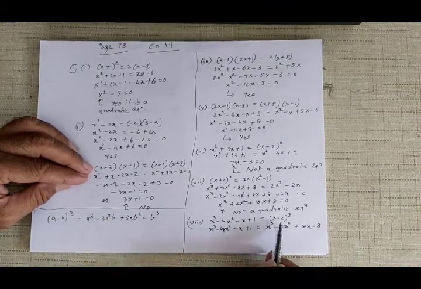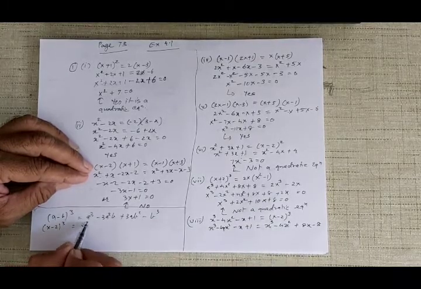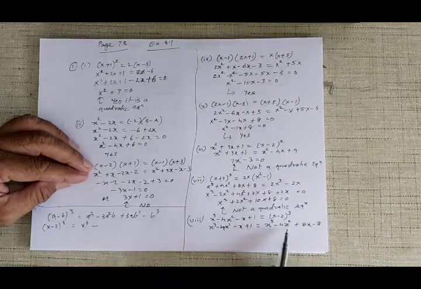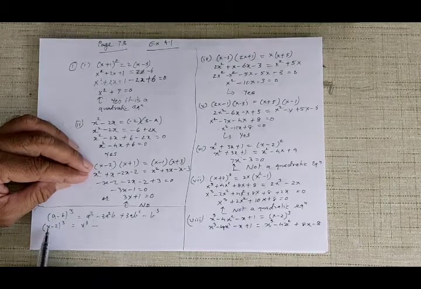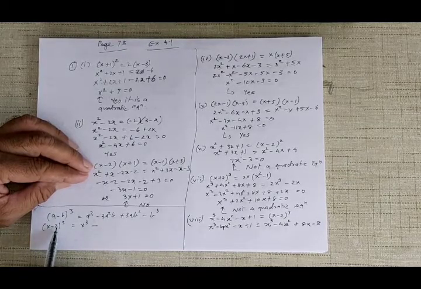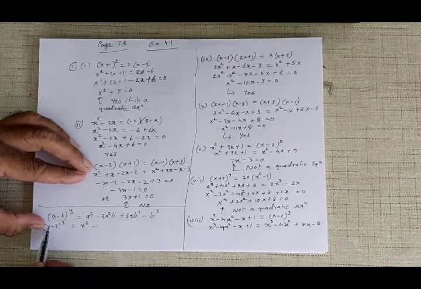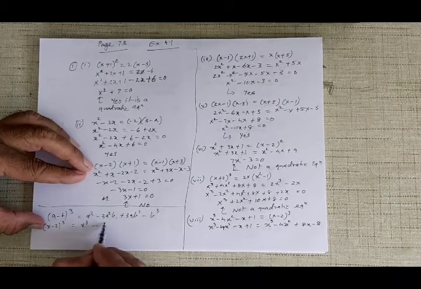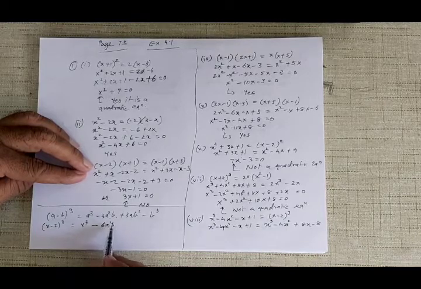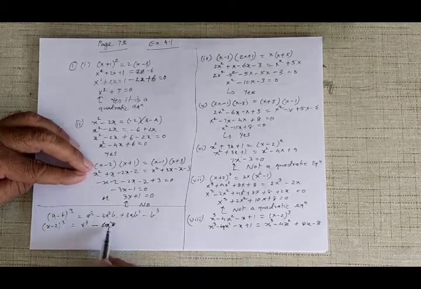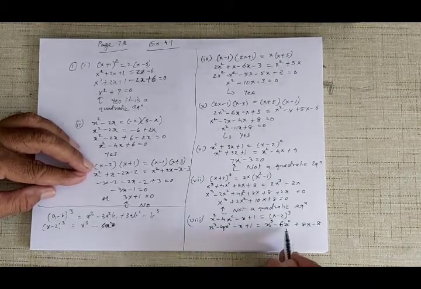So if I take, for example, x minus 2 whole cube, it would be x cube minus 3 into x square into 2. This is 3a square b, where a is x and b is 2, so 3 2s are 6, giving 6x square.